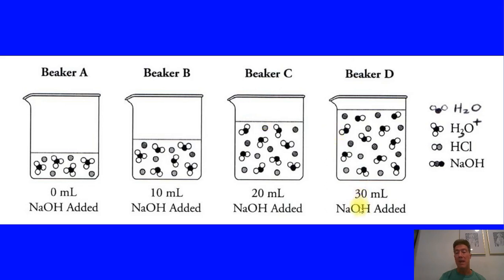And if we keep adding base, we're going to see that we're going to have free OH floating around. And that indicates that we now have a basic solution. So we've gone from a strong acid to a weak acid to a neutral to a basic solution. Okay, and that's all represented here in this particle model.